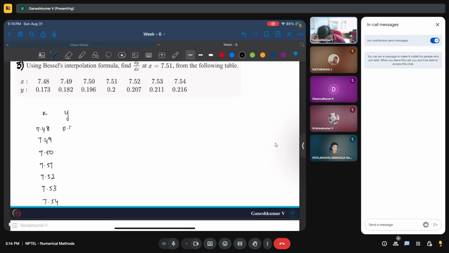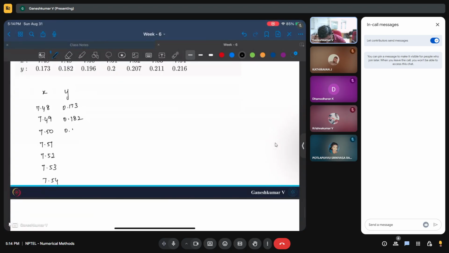This is y: 0.713, 0.182, sorry, 0.196, 0.2, 0.207, 0.211, and 0.216. Now the forward differences are 0.182 minus 0.73, like 0.009.